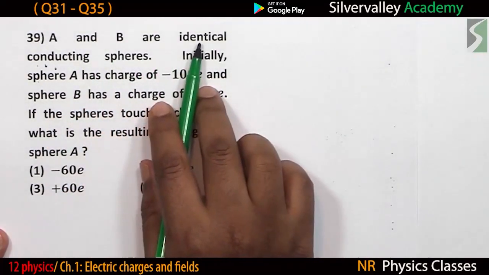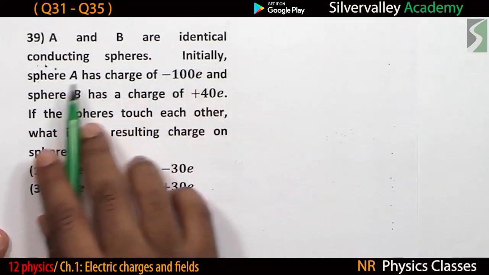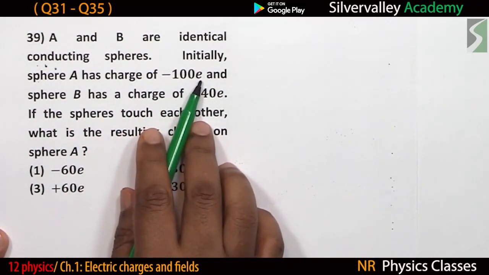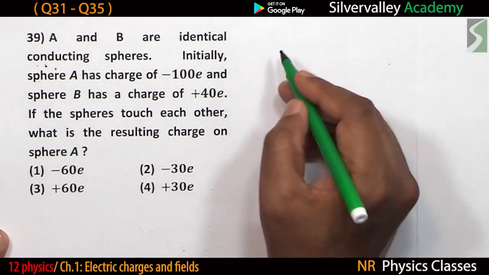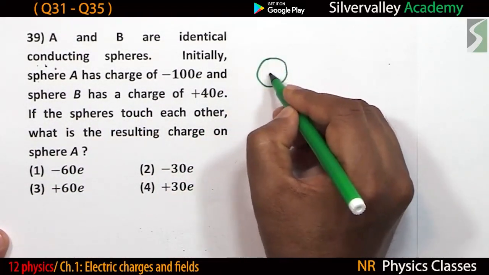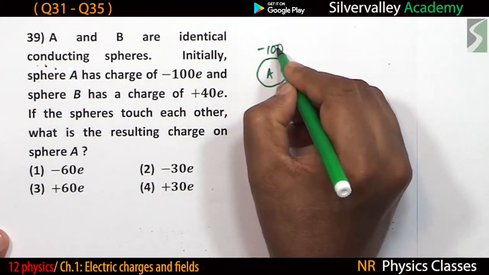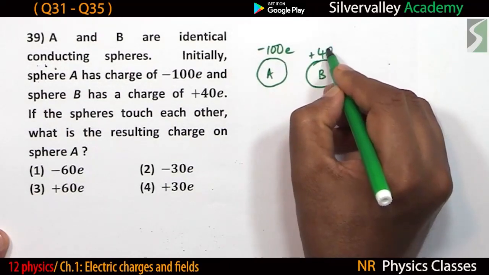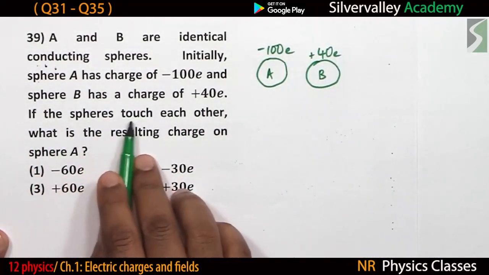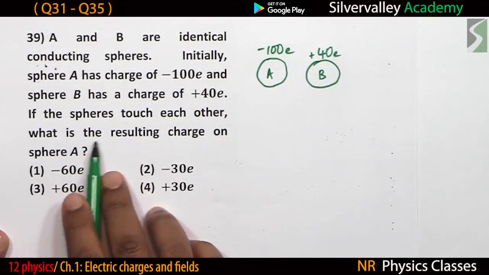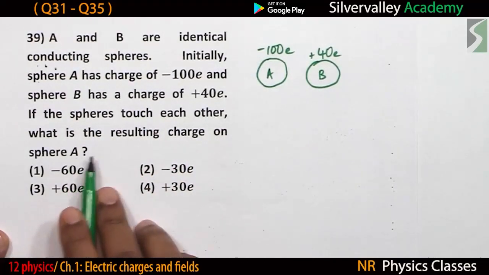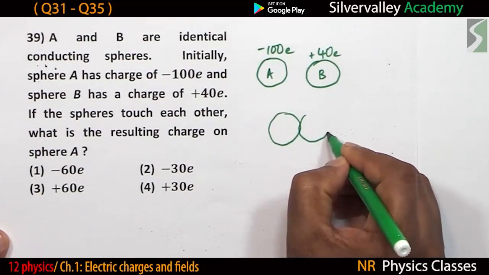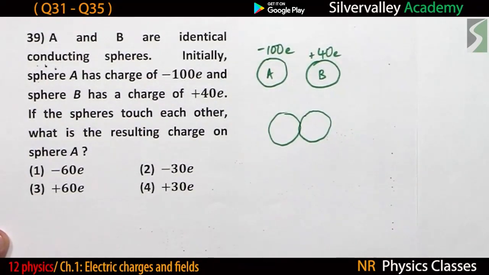A and B are identical conducting spheres. Initially, sphere A has minus 100 E and B has 40 E. So this is A, minus 100 E. This is B, plus 40 E. If the spheres touch each other, what is the resulting charge on sphere A? Since they are identical, equal charges are shared.